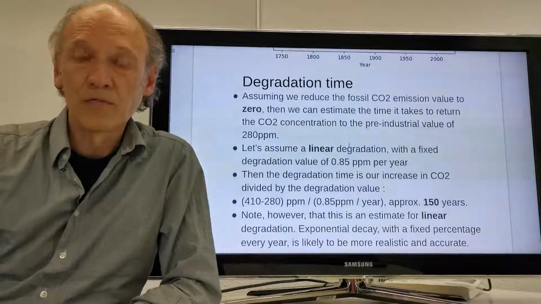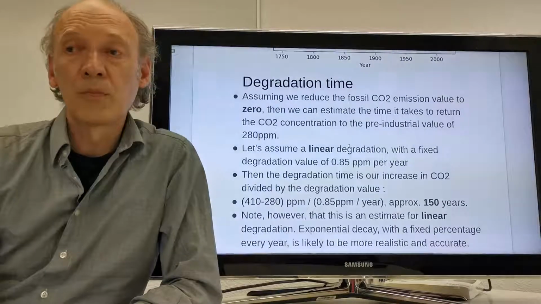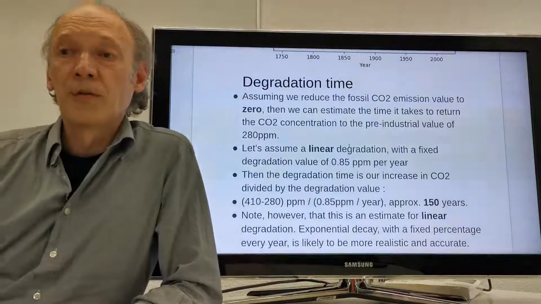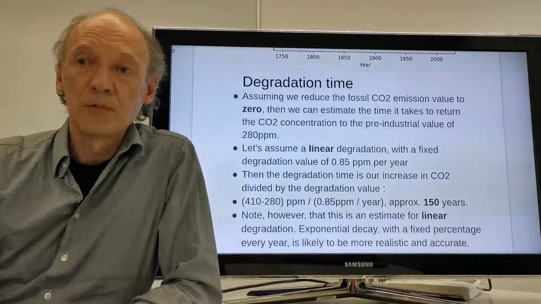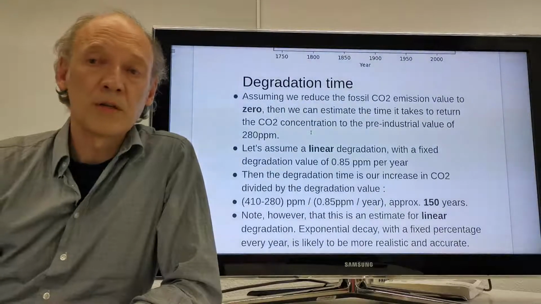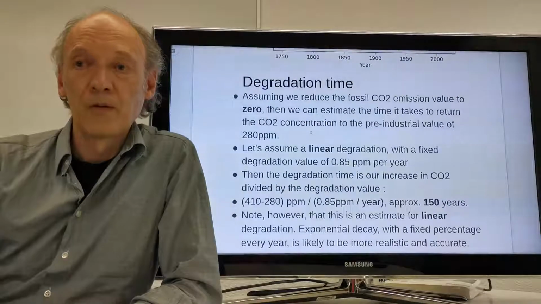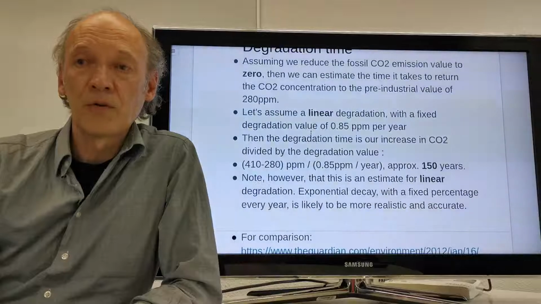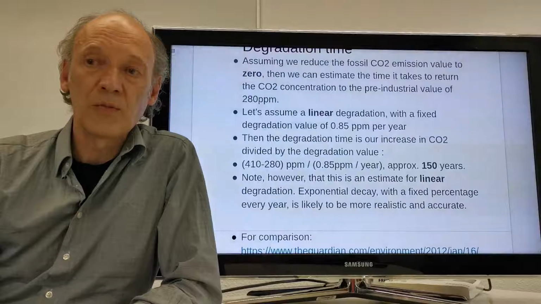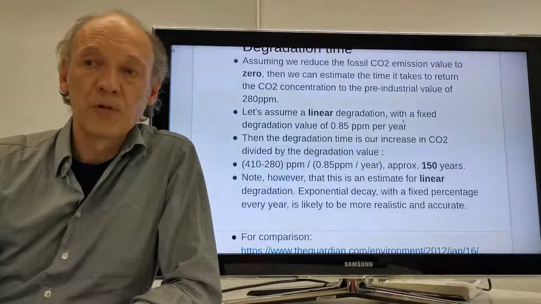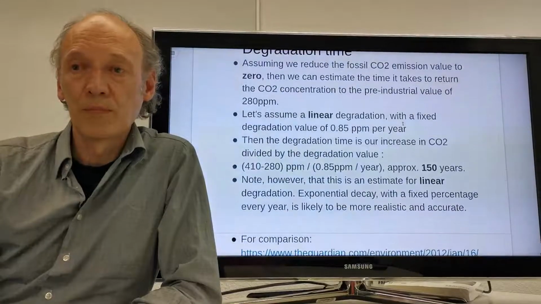Yeah, so assume we want to really reduce the CO2 emission, and assume we theoretically would go down to 0. Right, then we can calculate how long it would take to go back to the pre-industrial level of 280 ppm. So let's assume that we have a linear degradation with a fixed degradation value of 0.85 ppm per year. Right? It's actually not really realistic, but it's easy to compute.